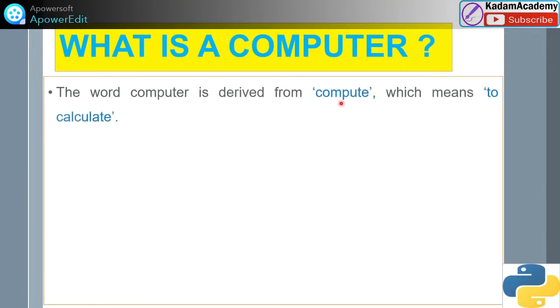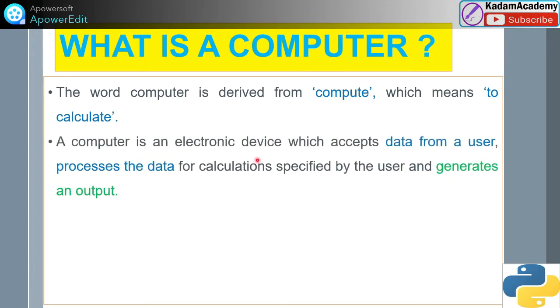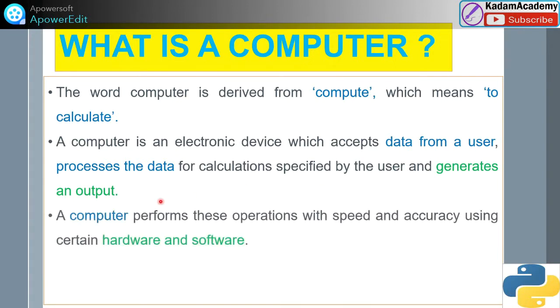What is a computer? The word computer is derived from compute, which means to calculate. A computer is an electronic device which accepts data from a user, processes the data and calculation specified by the user, and generates an output.